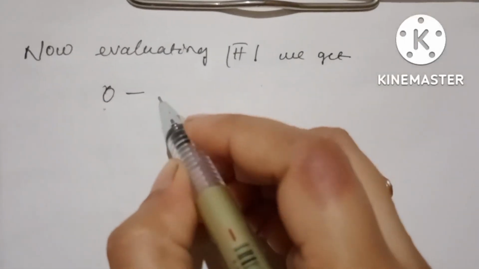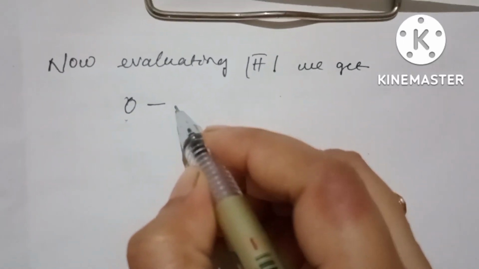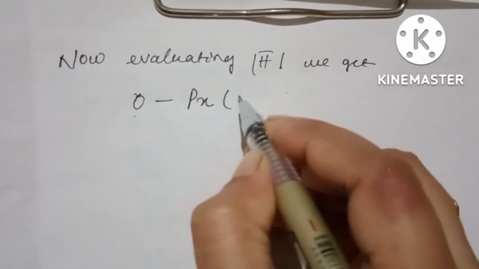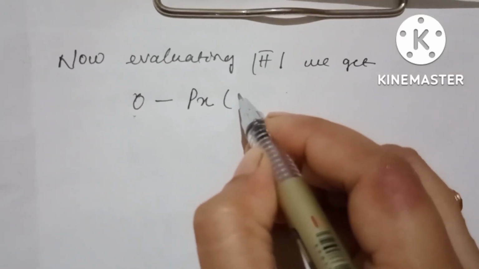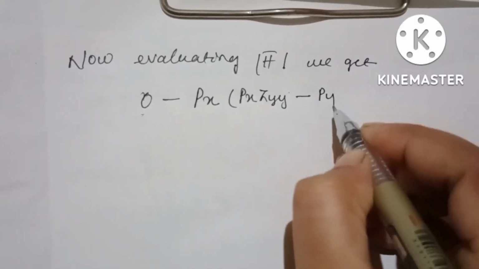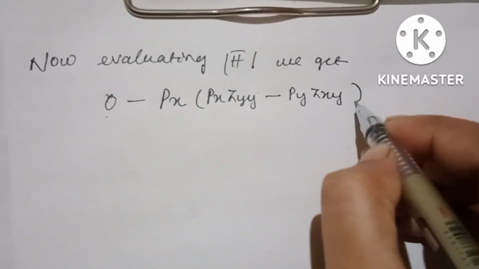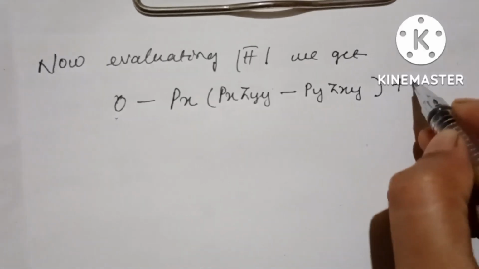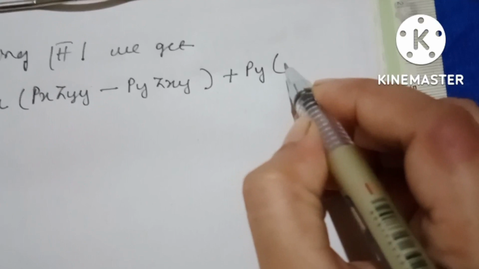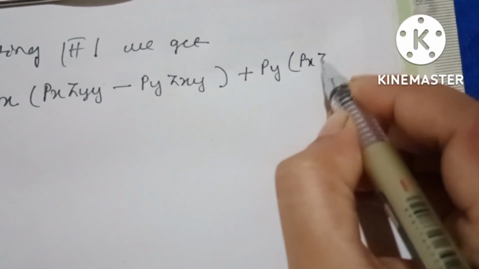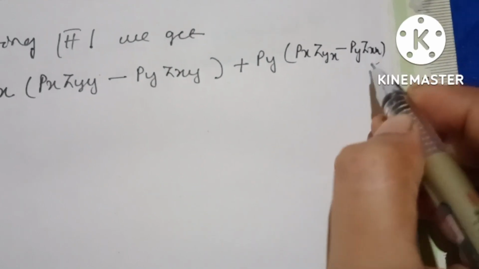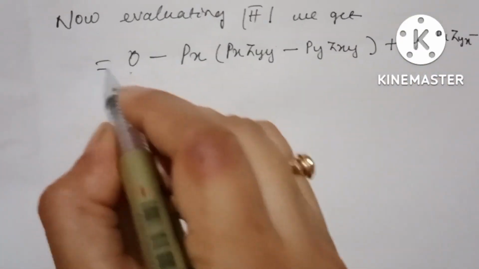So this will become 0 minus px into px zyy minus py zxy, plus py into px zyx minus py zxx. Now simplify it.